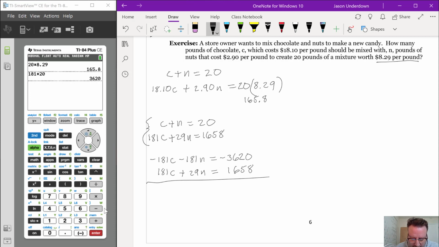On the left, what do we get? We get, let's see, what is negative 181 plus 29? Negative 152. So we get negative 152N is equal to negative 3620 plus 1658. This is equal to negative 1962.